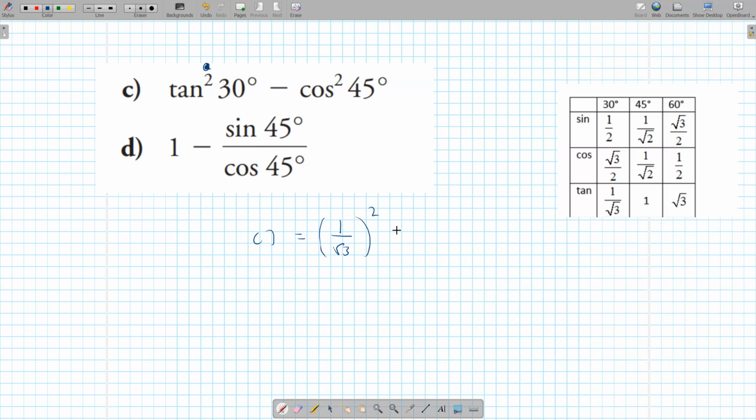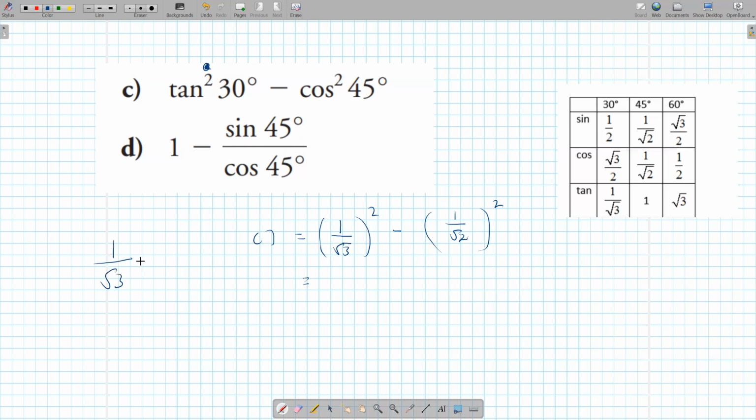Like that. Minus, again, cos 45. Look at the table. 1 over root 2, yes. And that's also going to be squared, yeah? Now think about it. What is 1 over root 3 whole squared? I'll give you a hint.